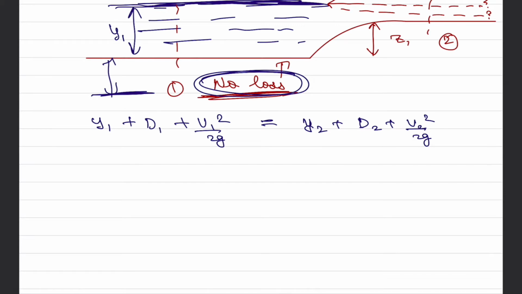Now, when we talk about specific energy, we can say that E1 plus D1 is equal to E2 plus D2, or we can say that E1 minus E2 is equal to D2 minus D1.